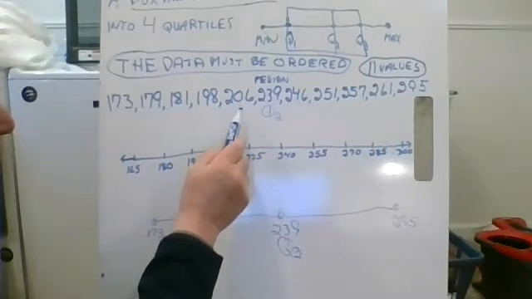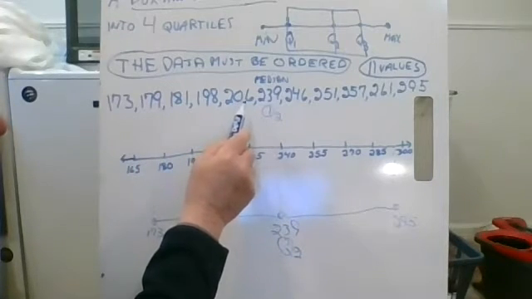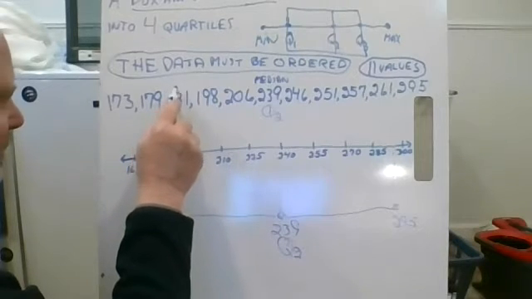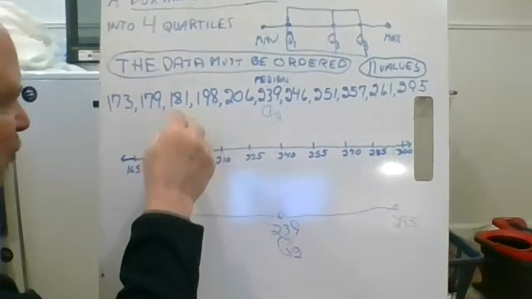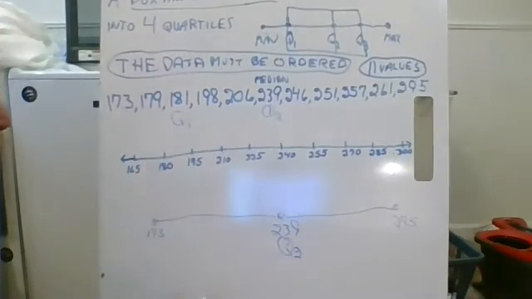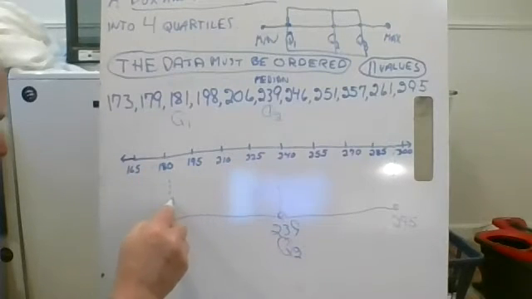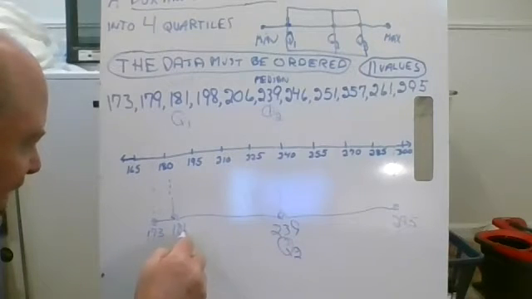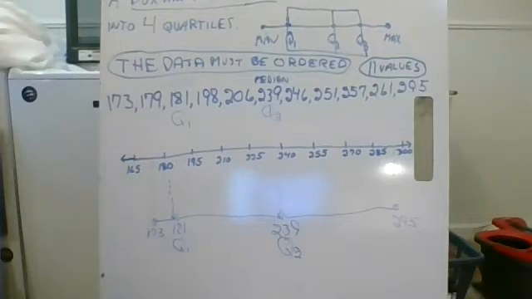And now you take the median of these 5 values. And it would be the third value, 181. That's a median. That's quartile 1, Q1. So now 181 is somewhere over in here. We put a point, we put 181, and we write Q sub 1. There's our first quartile mark.